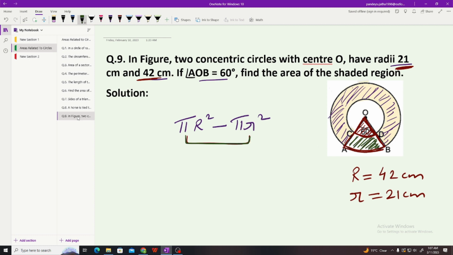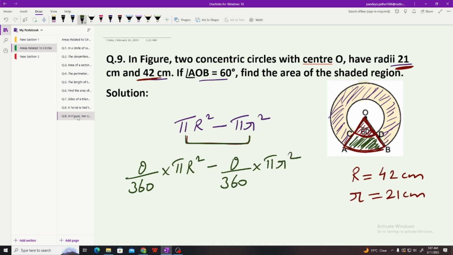So to find the area of this region, the formula will be area of the sector, that is theta upon 360 into pi r square minus theta upon 360 into pi r square.